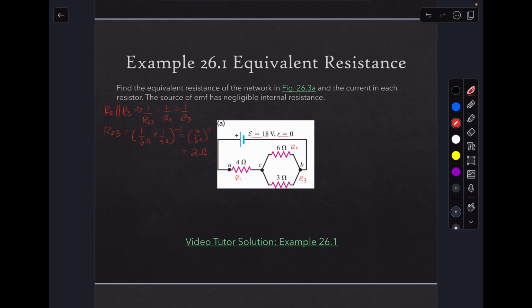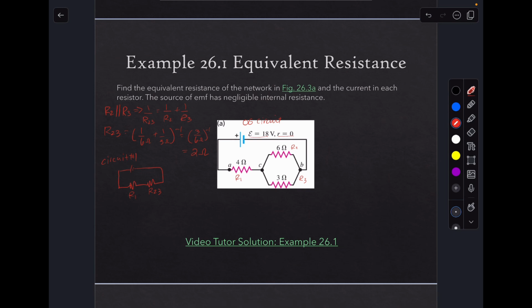All right, so let's draw that circuit. I'll call this circuit 1, and the original will be the OG circuit. Circuit 1 is going to look like this: 2 resistors in series, where this is R1 and this is R23.